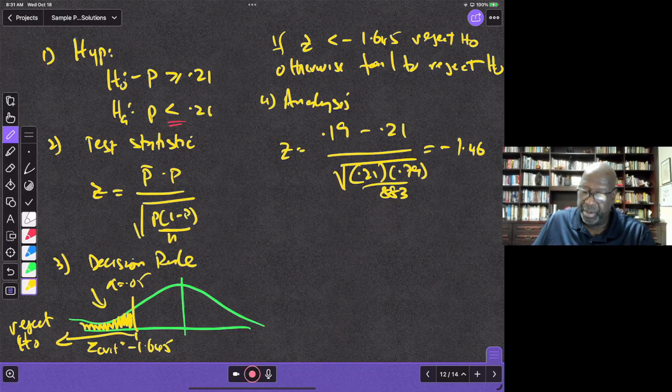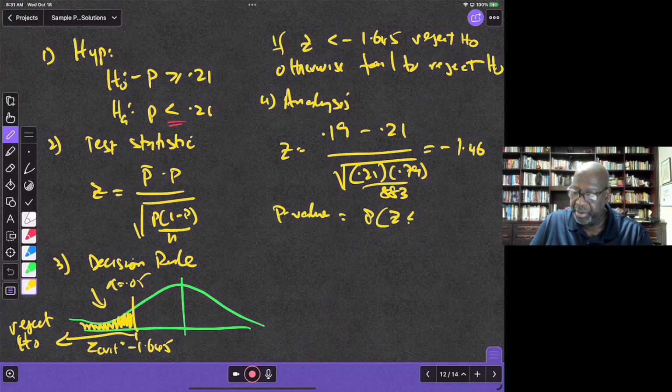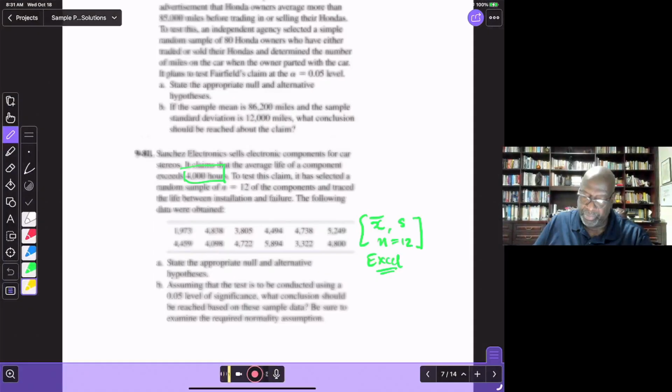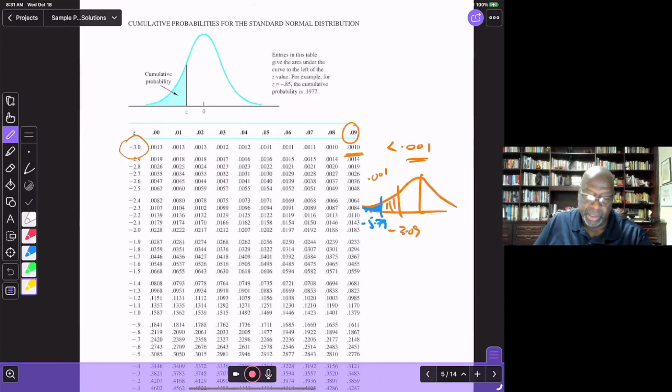So if I look up the p-value, it is the probability of Z being less than or equal to negative 1.46. So if I go to the table, let's see what we get. Negative 1.4 right here, and 6 will take us to 0.0721.